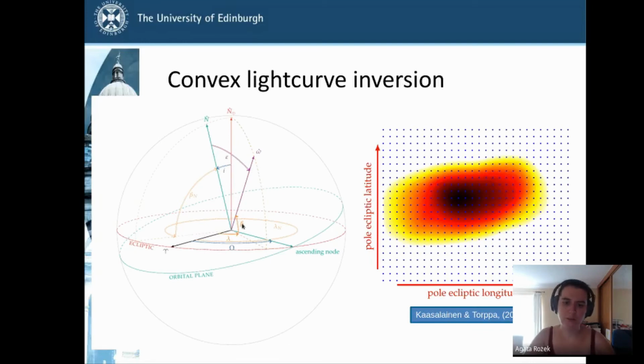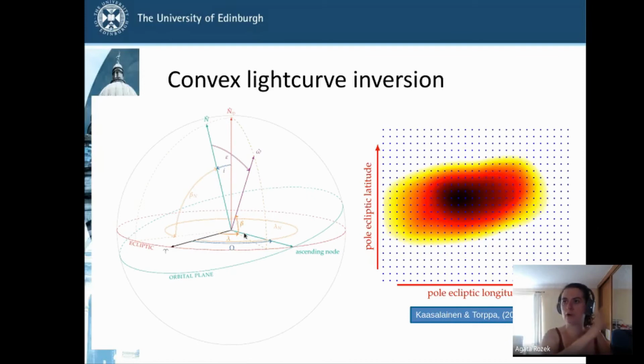And the angle between the ecliptic, so there you can measure an ecliptic longitude and latitude of this spin axis. And that gives you information about the location of this axis that is essentially fixed in the timeline of your observations.